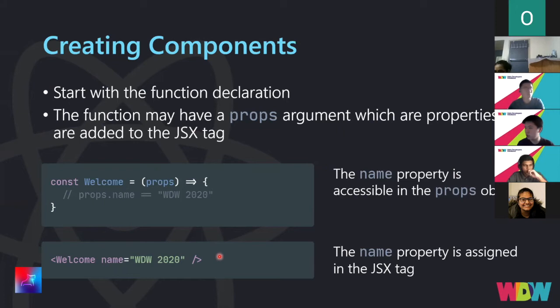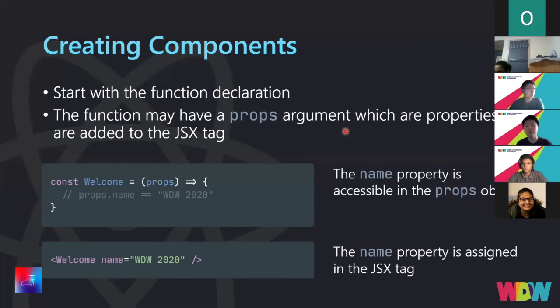A functional component can take an argument called props, and props is short for properties. Basically, props is an object that contains a lot of information about this component that we have right here. So if you want to access this name value, you can use props.name, and the value of this will be exactly the same as what we inputted here in the JSX tag.